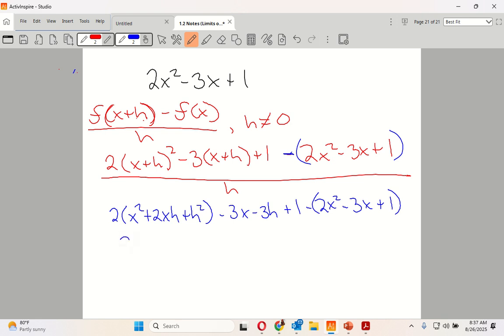So this is going to give me 2x squared plus 4xh plus 2h squared minus 3x minus 3h plus 1 minus 2x squared plus 3x minus 1. Where did 2xh come from? Okay, good.